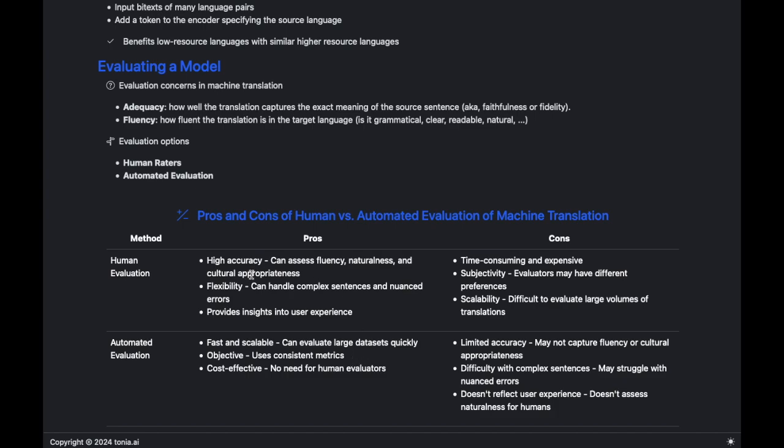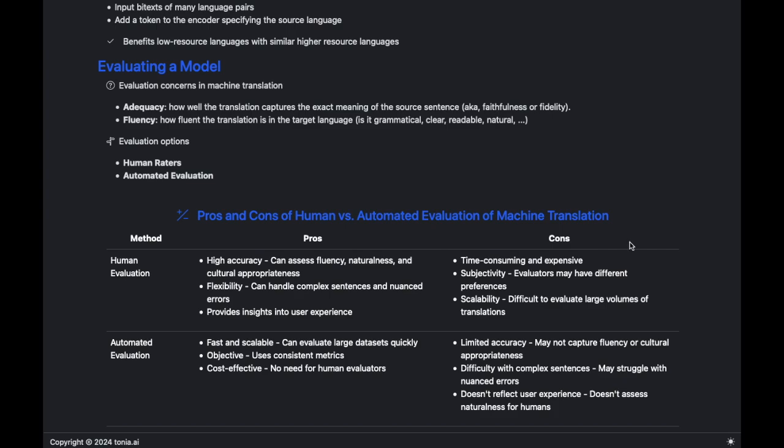So when you look at humans, the metrics may be inconsistent. If we do automated evaluation, those metrics can be applied consistently across the text that we are evaluating. And of course, automated evaluation may be more cost-effective as you do not need human evaluators if you're doing purely automated evaluation. But let's look at some of the cons, though.